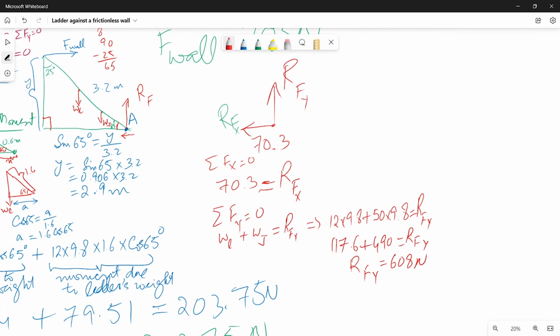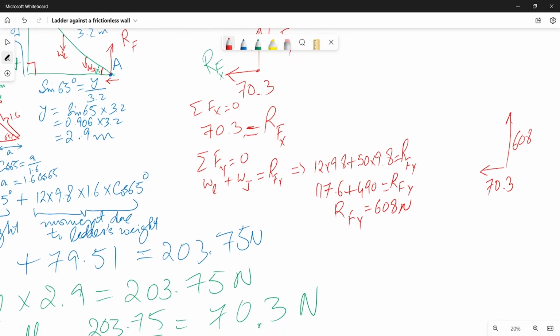So we have found this is 608, and in this direction we found 70.3. It has to be equal to the reaction force from the frictionless wall. We have to see what the direction is.